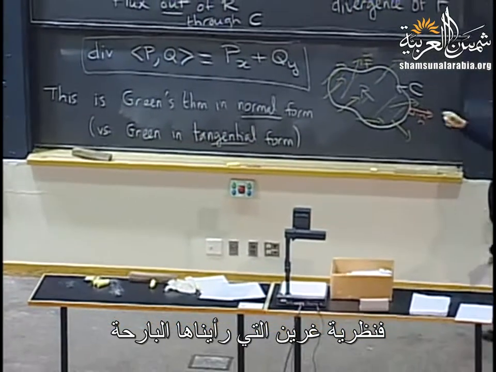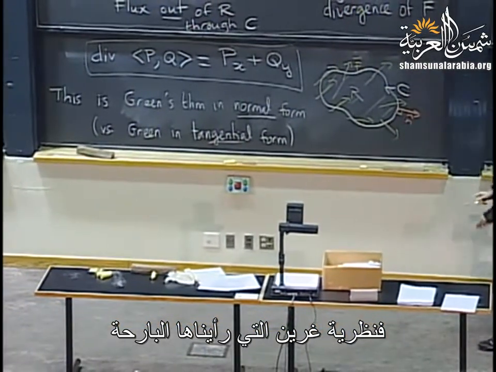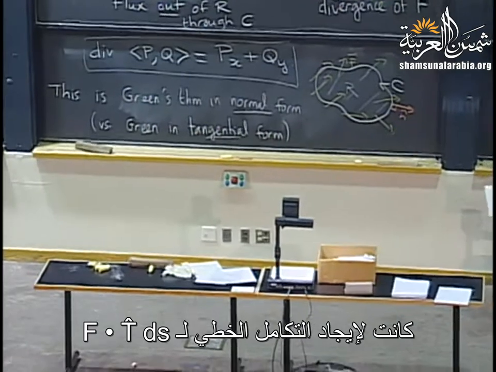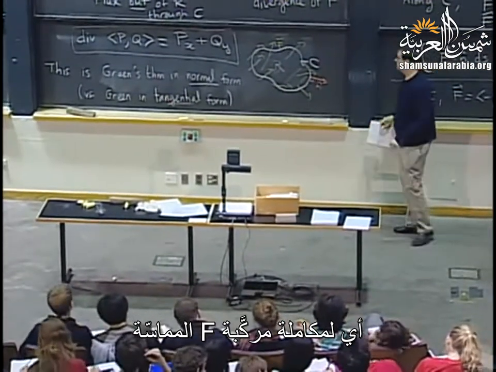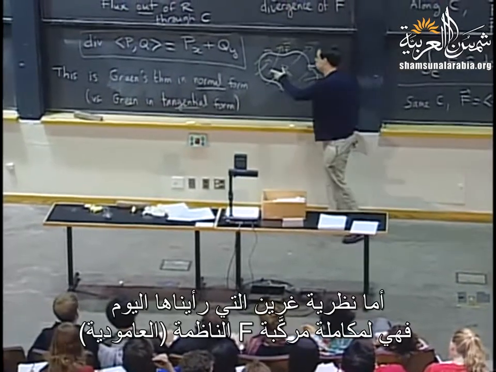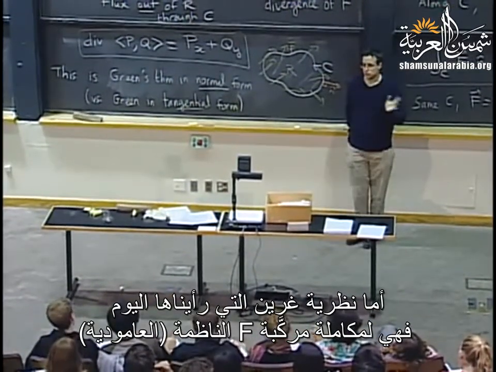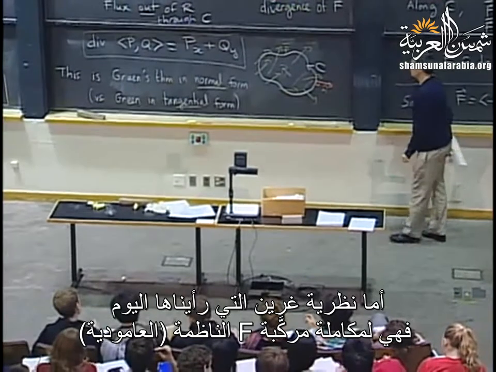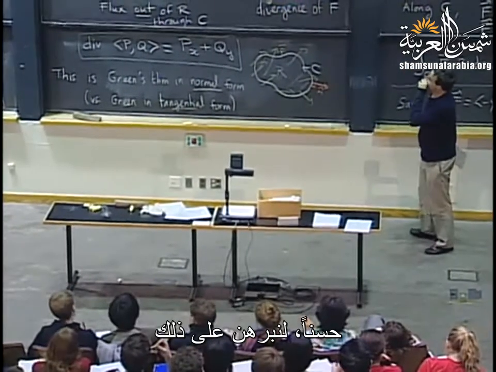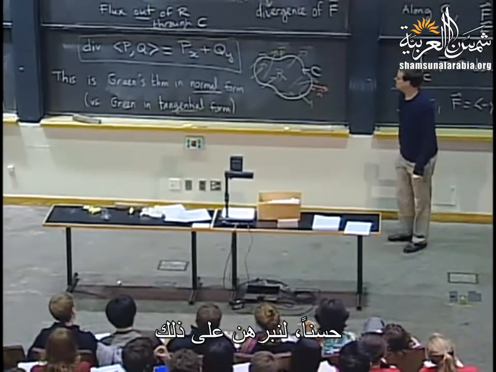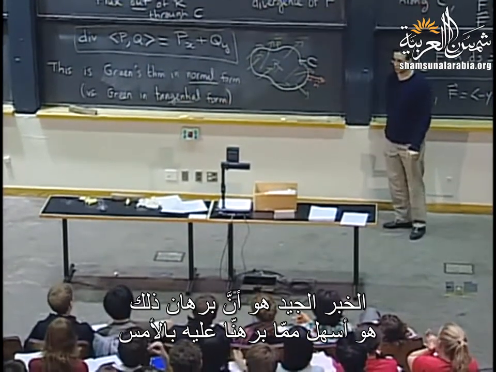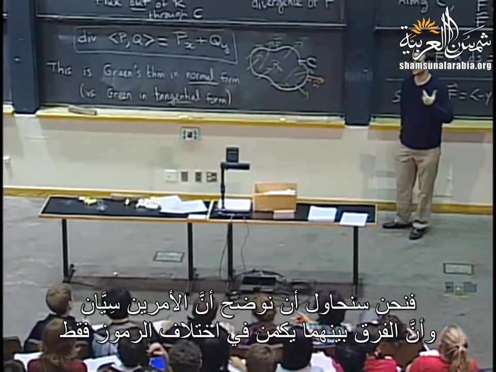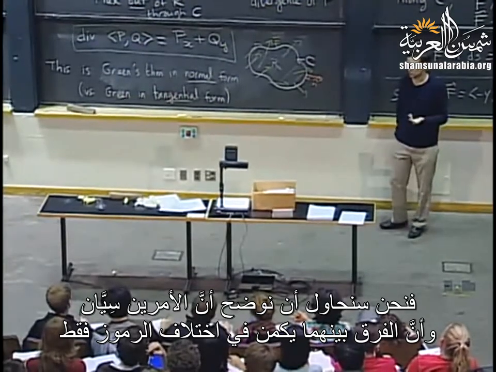That just means, well, Green's theorem, as seen yesterday, was for the line integral of F dot T ds, integrating the tangent component of F. The one today is for integrating the normal component of F. Okay, let's prove this. So, good news, it's much easier to prove than the one we did yesterday because we're just going to show that it's the same thing, just using different notations.